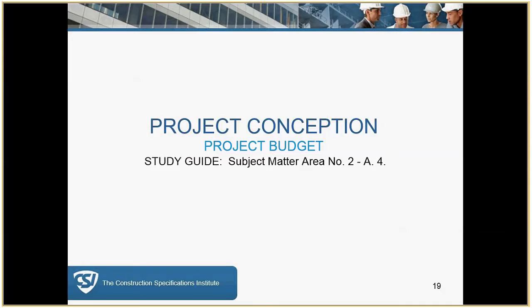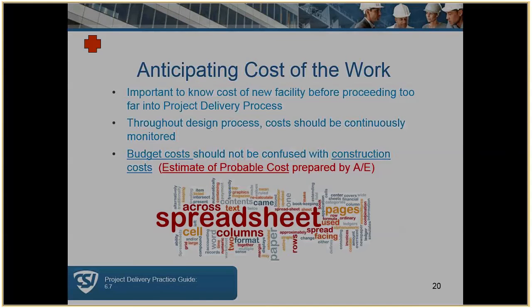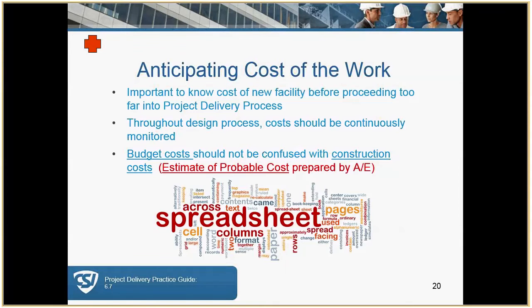Now, I really like the outline form, it really helps me, so that's why I keep wanting to emphasize that with our outline, we're still under project conception. We've now moved down to project budget. So, anticipating the cost of work. It's important to know the cost of a new facility before we proceed too far. And I'm sure you've all been on projects where you get down the road and the financing isn't available, or the program needs to be reevaluated.